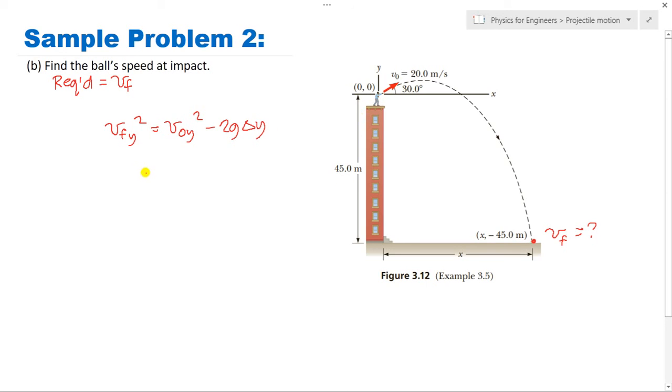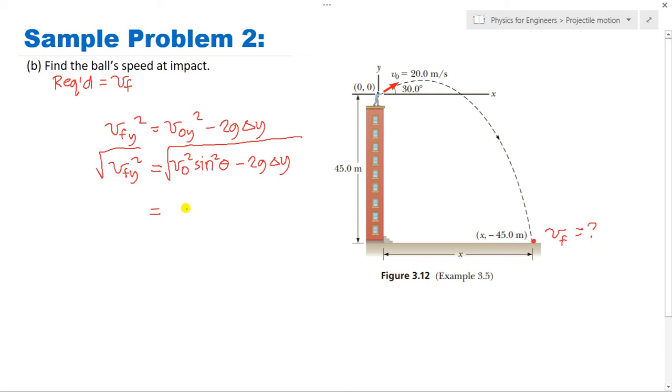So let's just plug in the values. Vfy squared is equal to Voy squared, which is Vo squared sine squared theta since it is a component, minus 2g delta y. Take the square root of both sides.